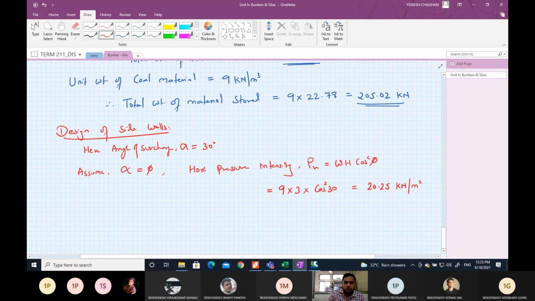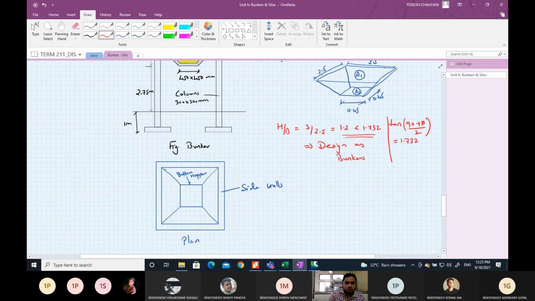Now this much horizontal pressure will be acting on the side walls.